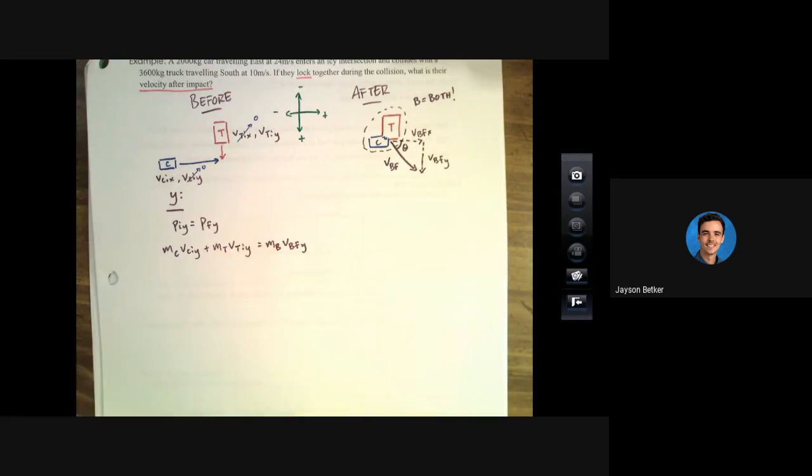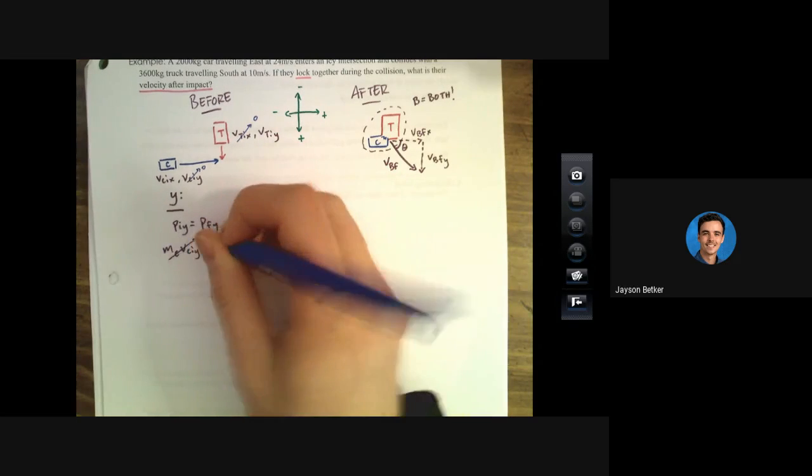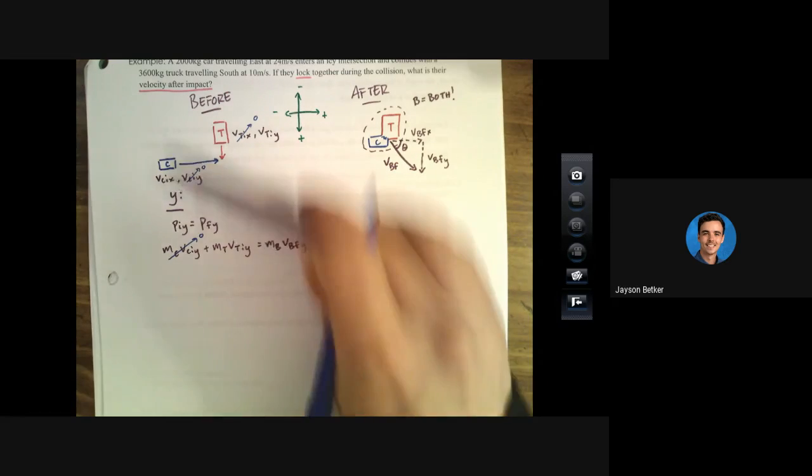Okay, so those are all coming from here, here, and here. So like we have there, this entire one is just going to be equal to zero because the velocity of the car in the y direction was just zero. It wasn't moving up and down at all.